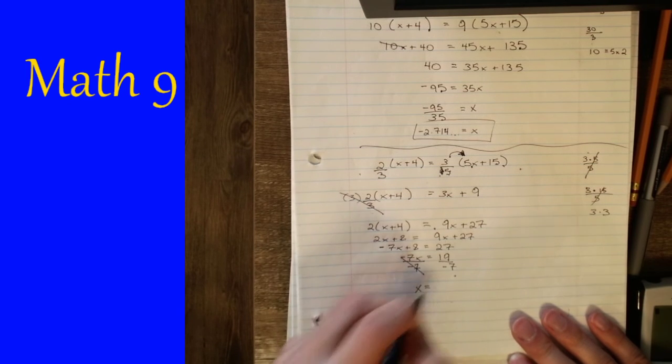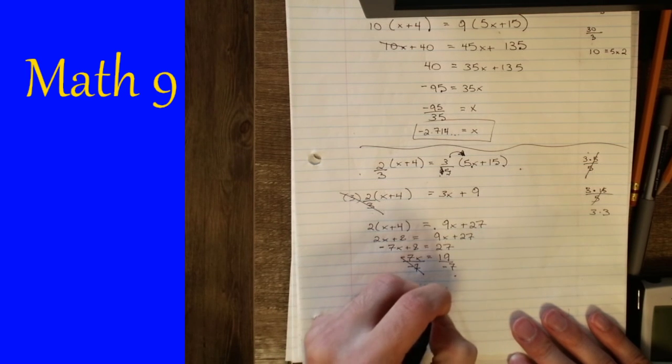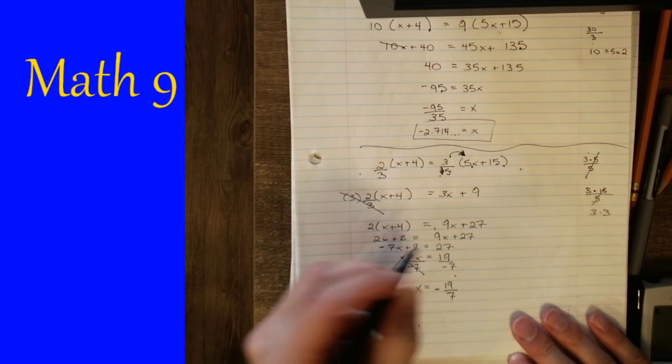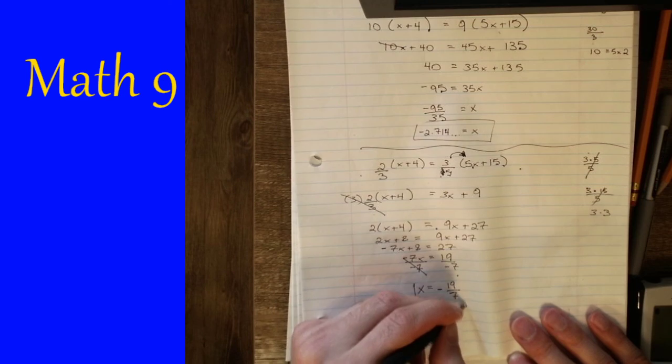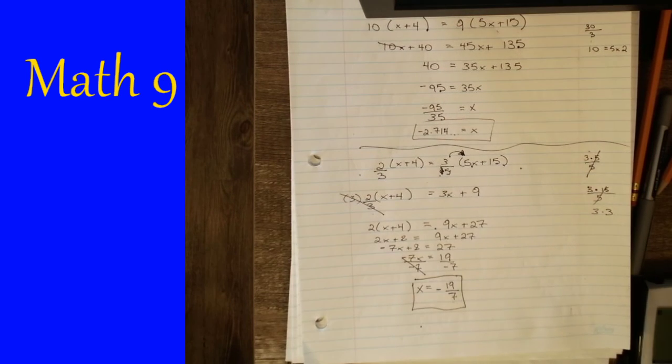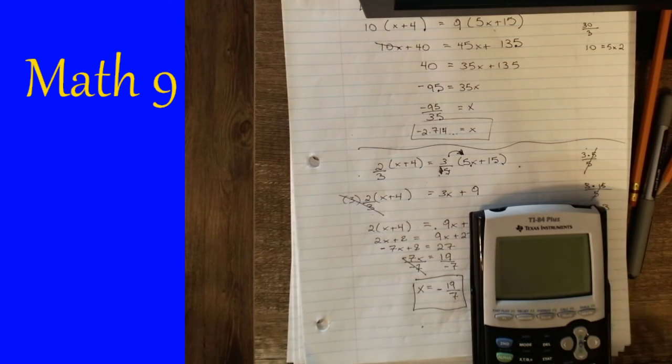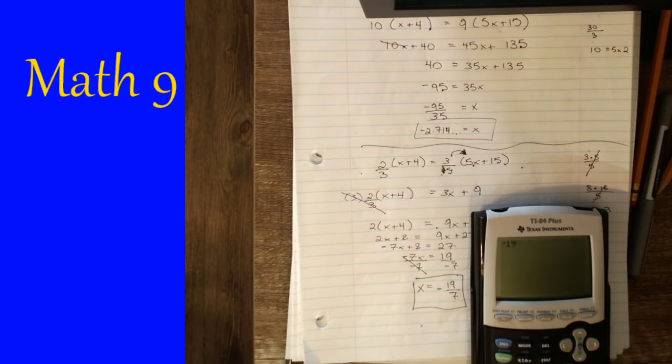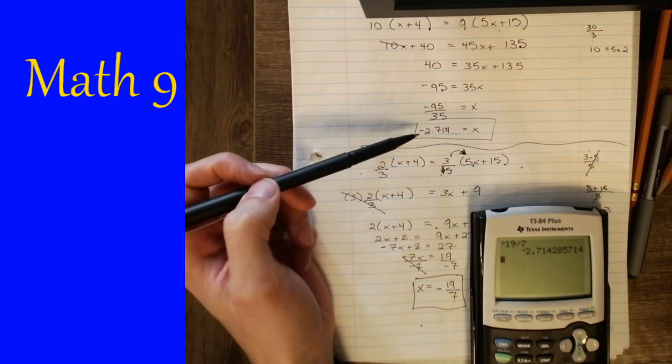So x is equal to negative 19 over 7. I think that's good to leave it like that. And the last thing we'll do here is actually do this division. You'll see that we get the exact same answer we did before.